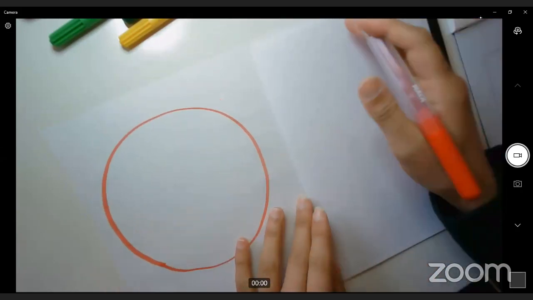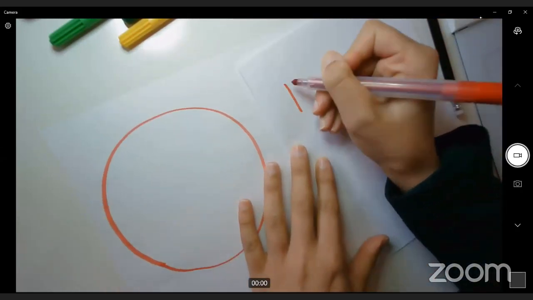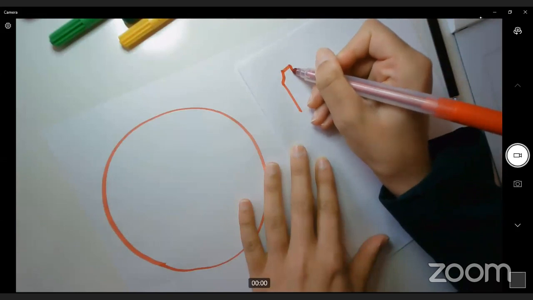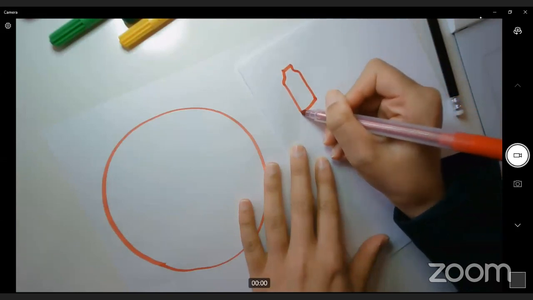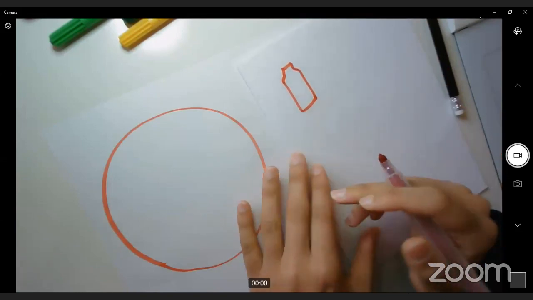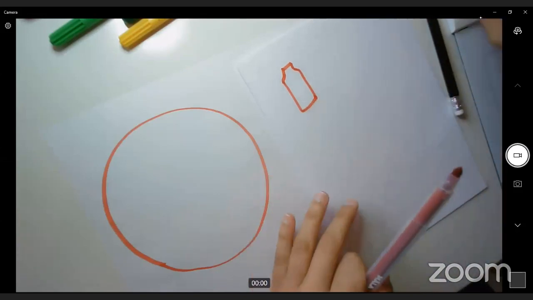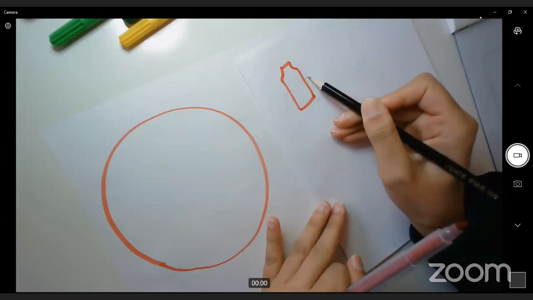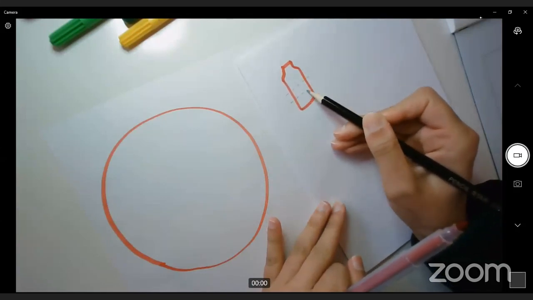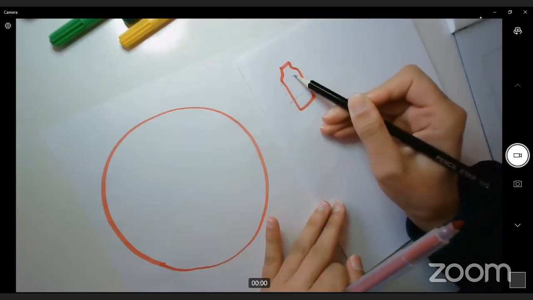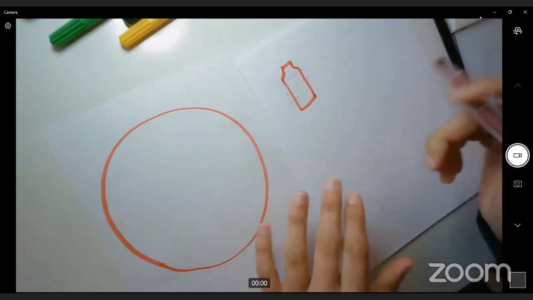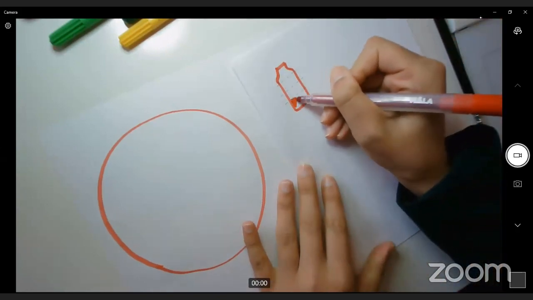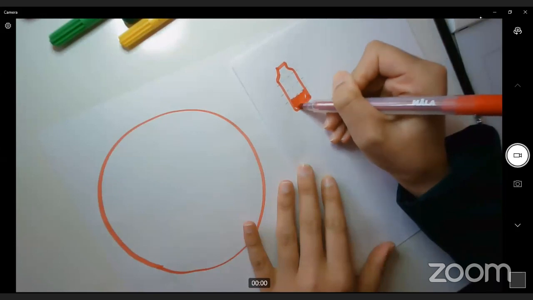So I'm going to draw here a ketchup bottle, and I want a quarter of that to have ketchup in it. If I grab my pencil, I'm going to divide this up into a half first, then I'm going to divide it up into 4 pieces. This bottle is going to be a quarter filled with ketchup.